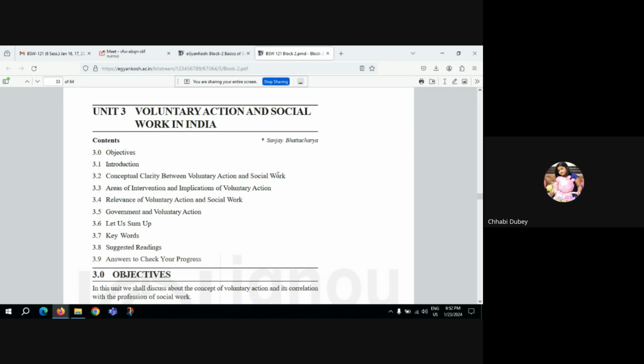All of these things we are going to study in this unit. But I guess these two units we will take up tomorrow. So tomorrow when we meet again for the class, we will be taking up unit 3 and unit 4. This will bring an end to the second block of this course.